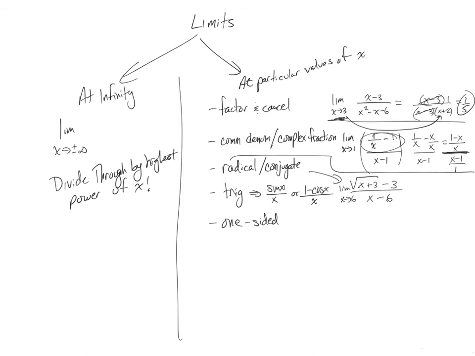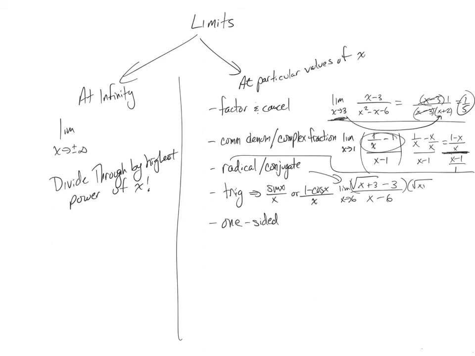So again, direct substitution, you put a 6 in here, you put a 6 in there, you're going to wind up getting the square root of 9, which is 3, minus 3, which is 0, over 6 minus 6, which is 0. So you're going to multiply top and bottom by the conjugate of the radical expression.